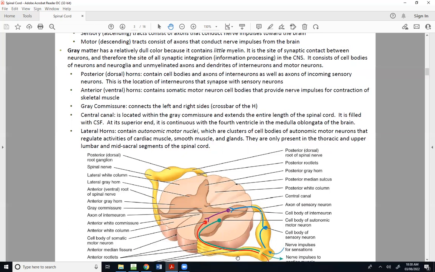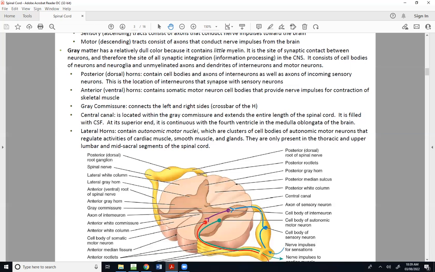So what do you need to know about the gray matter? We can basically break it down into a couple pairs of what we call horns. There are two posterior or dorsal horns, as they're labeled here, posterior gray horns. This is where the cell bodies and axons of interneurons, as well as axons of incoming sensory neurons, are located. This is where information is coming into the spinal cord for sensations like itch, tickle, hot, cold, pain, pressure, whatever.